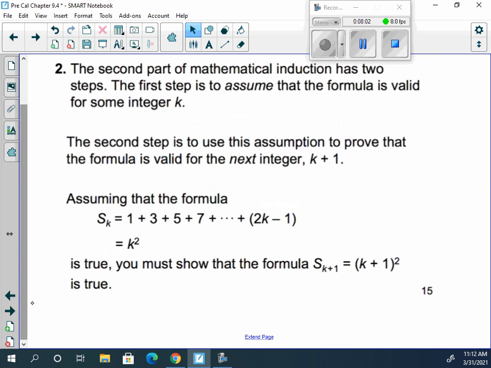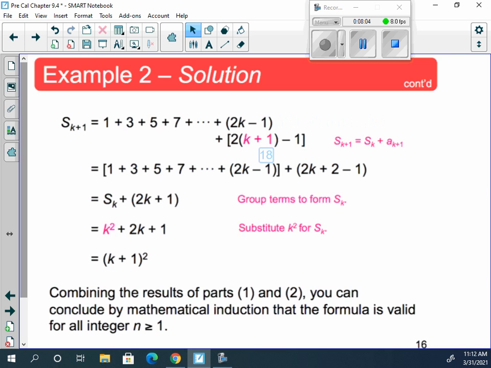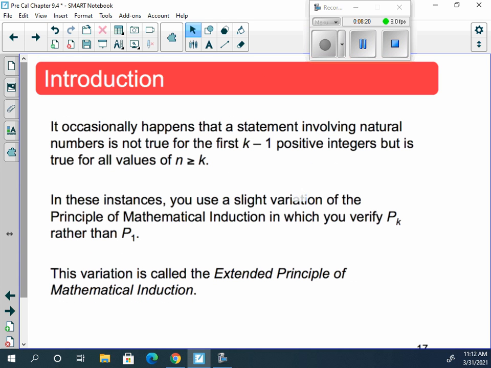And this is what we did. We showed that that is true. So, by combining the results of parts 1 and 2, you can conclude by mathematical induction that the formula is valid for all integers n greater than or equal to 1. And that's all we have to do for this here, to show that this is true.